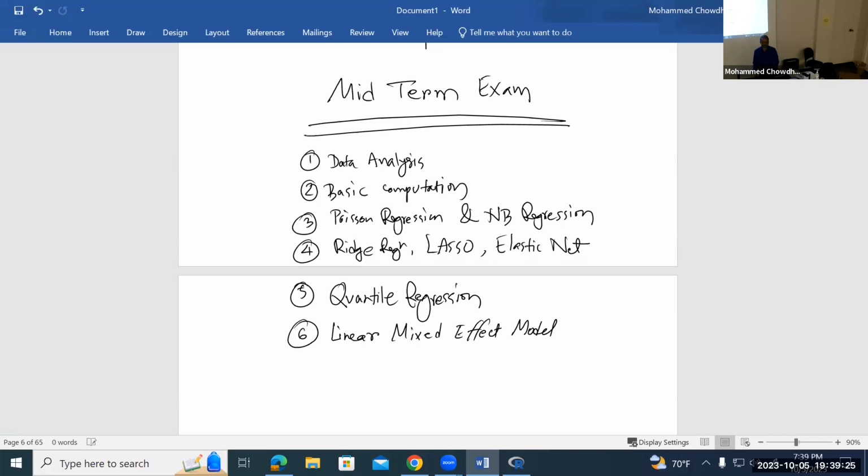And then we found that those are varying. So that's the reason we decided to use linear mixed effect model. Okay. So 1, 2, 3, 4, 5, 6, 7. 7 regression models so far I have discussed, right?